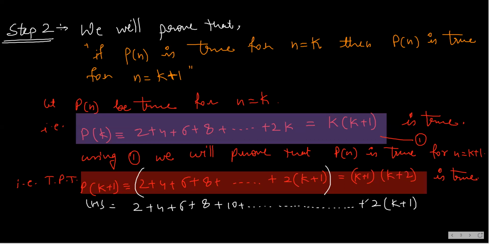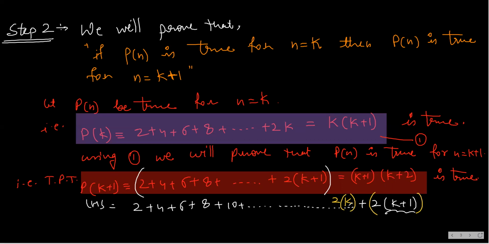Now tell me students, the last term that you see is 2 into k plus 1. So what would be the term just before this term? Wouldn't it be 2 times k?